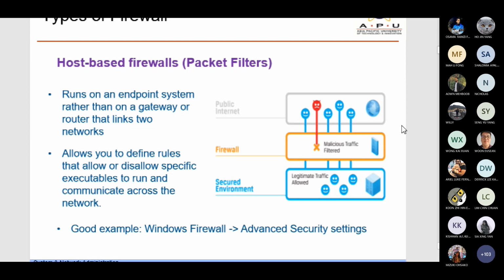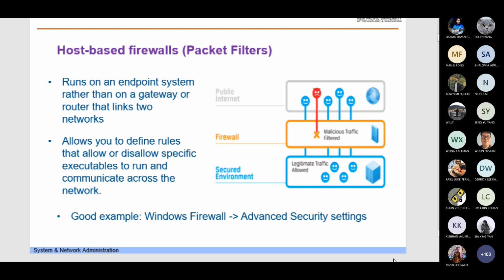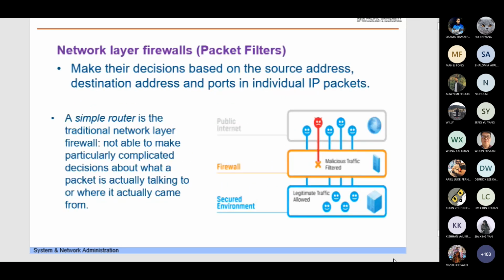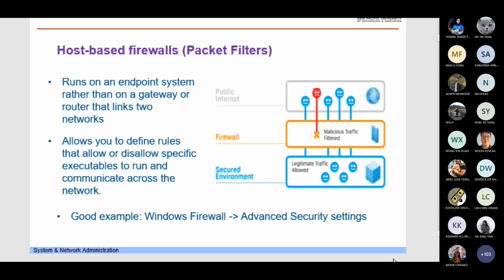Now, host-based firewalls, this is a really 1990s distinction, but everybody believes it's important and everybody talks about it this way, so we will as well. The basic distinction between a network layer firewall and a host-based firewall is that a host-based firewall does not have forwarding rules.